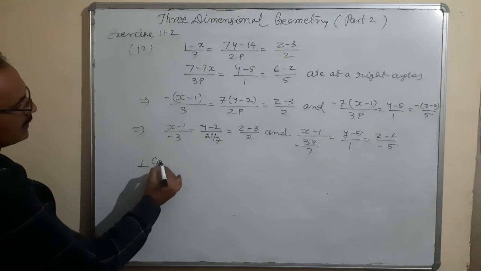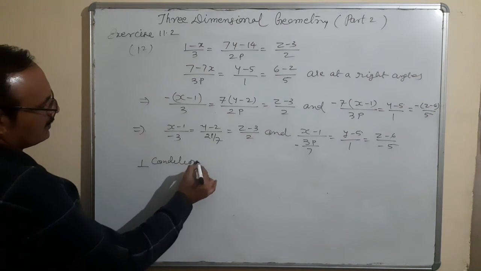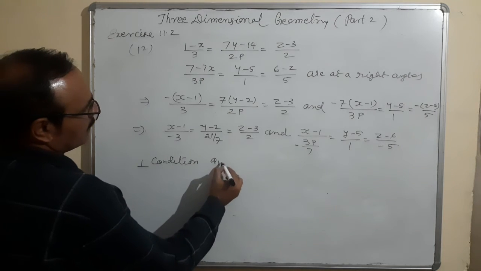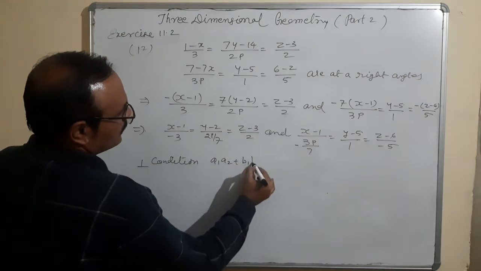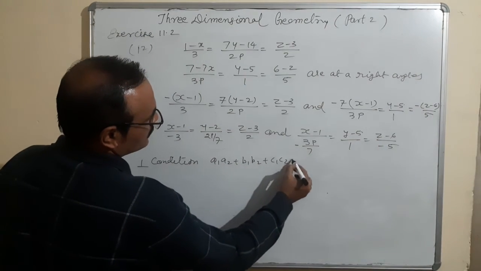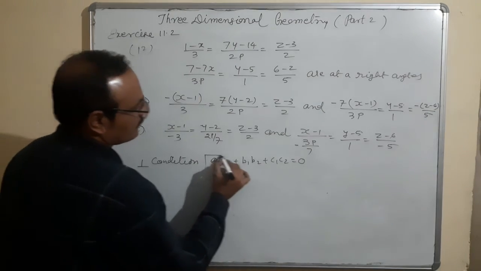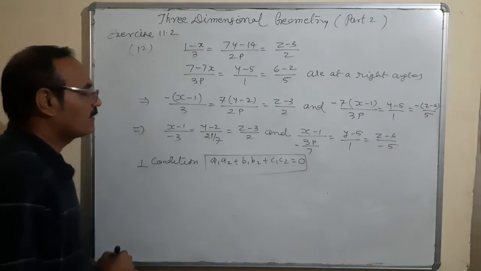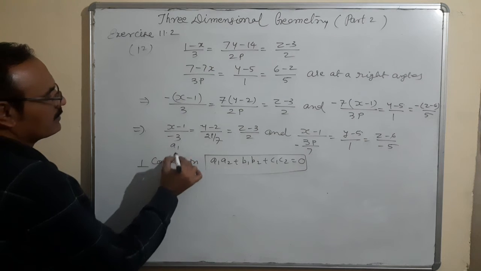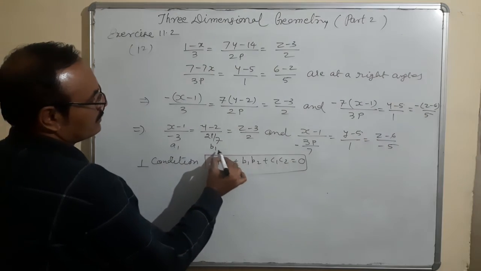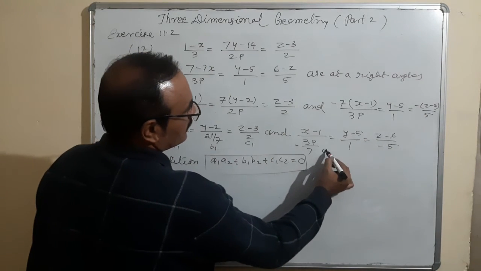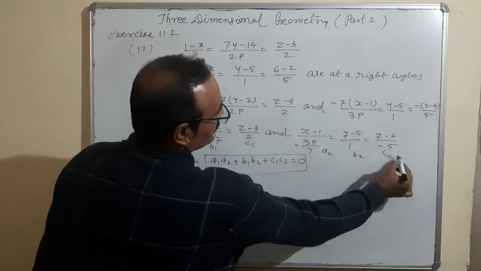So the perpendicular condition is a1 a2 plus b1 b2 plus c1 c2 is equal to 0. Here these are a1, b1, c1 and a2, b2, c2.